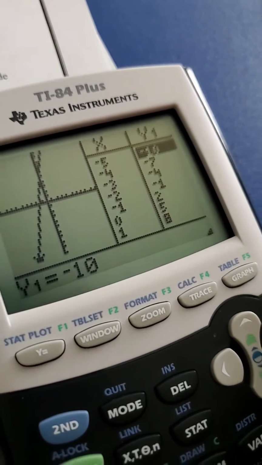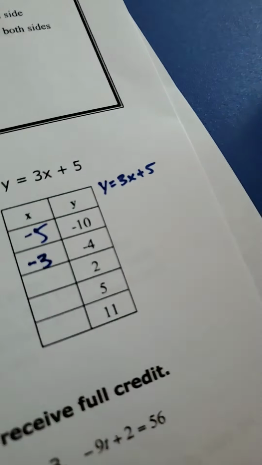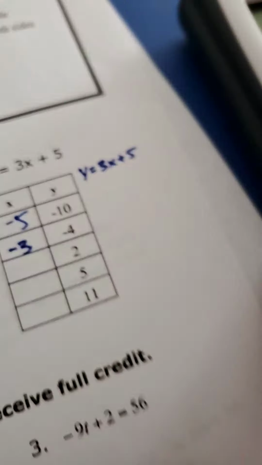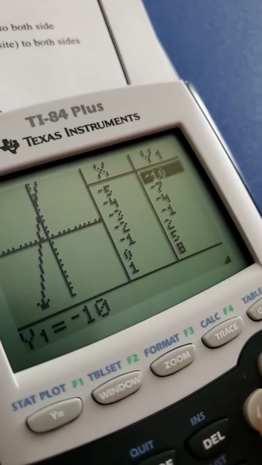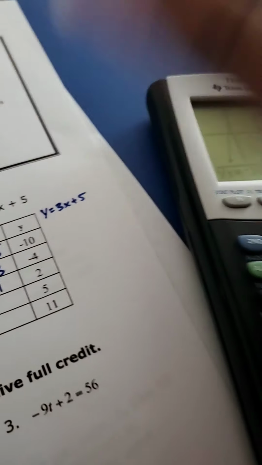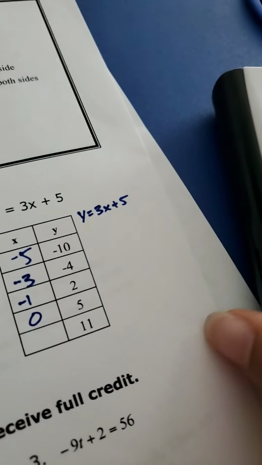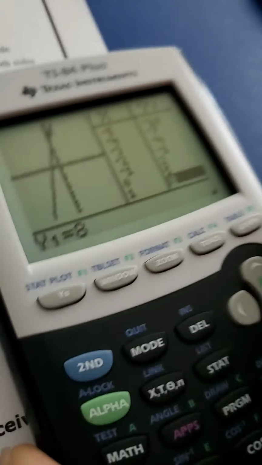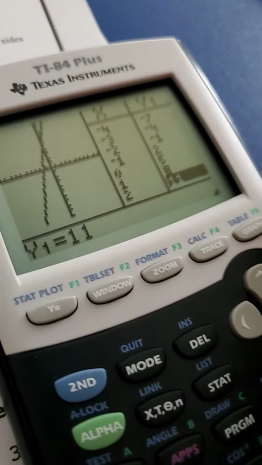In order to get negative 4, I have to be at negative 3 as an x value. In order to be at 2, I have to be at negative 1 as an x value. In order to get 5, I have to put in 0 as an x value. And in order to get 11, I have to plug in 2 as an x value.